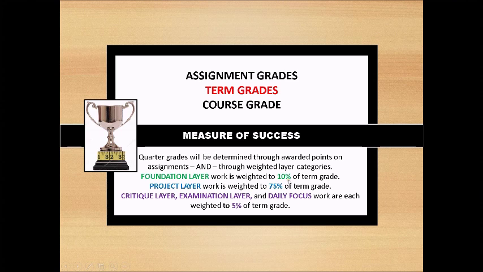Foundation layer work is weighted to 10% of the grade, project layer work is weighted at 75%, and the critique, examination, and daily focus layers are each worth 5% of your term grade. Record these weights in the unit handout.